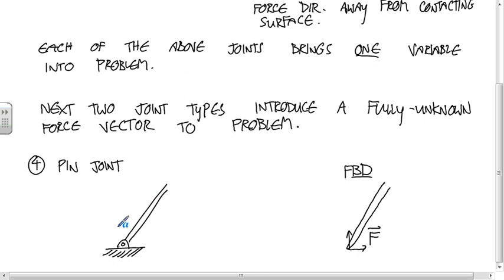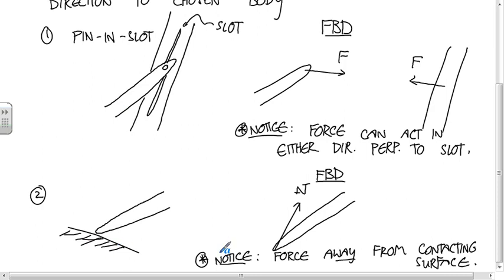A couple would be applied if rotation was also restricted. And so all of these, if you look at them, the pin and slot joint, the frictionless contact, the contact with friction, all of them up until the fixed joint, you can see that these two members are free to rotate relative to each other. The joint doesn't do anything to prevent rotation, and that's why there's no couple in any of those.